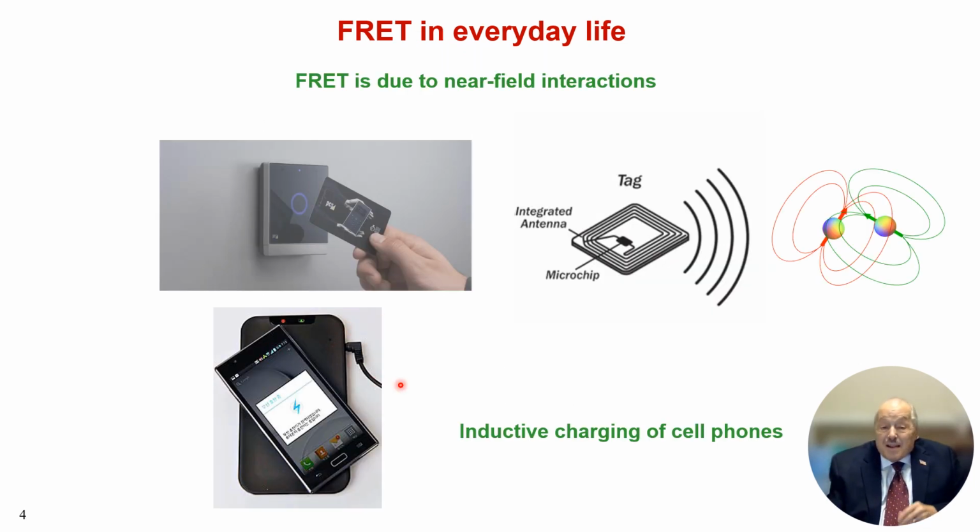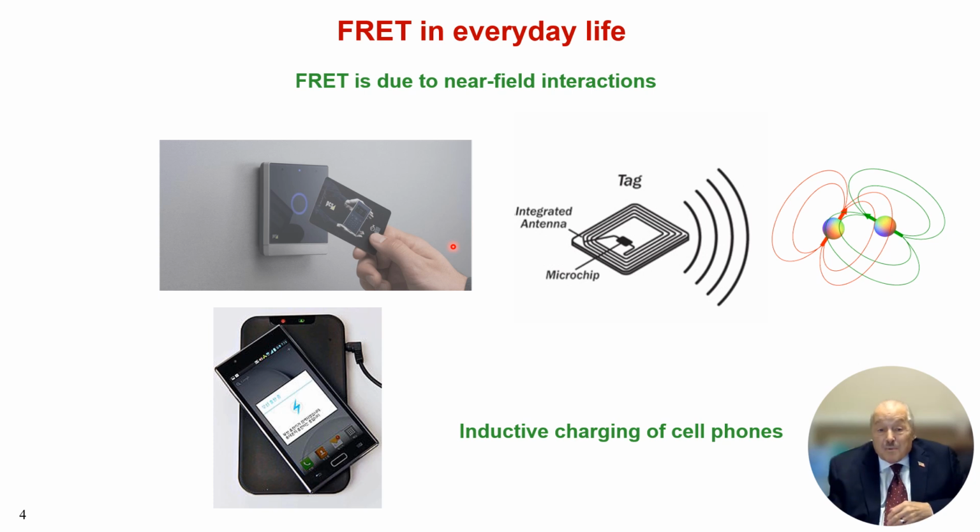And this is what I meant, that it's much more commonplace than you might think. You're working with near field interactions almost every day. If you have a pass card that gets you into your building, the reason it works is that it's a near field interaction. The pass card has to be near whatever the sensor is, and when it gets close enough to it, the near field interactions can happen.